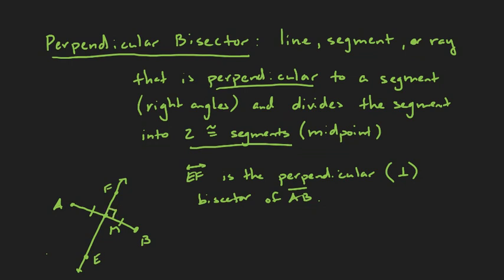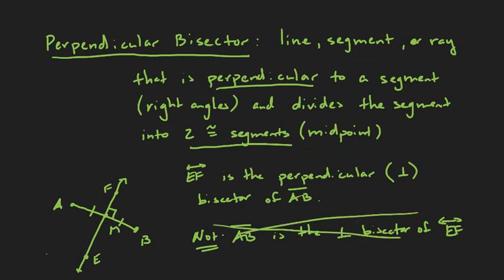Okay, good. Now we know it's perpendicular. The reason I drew the line a little bit longer is because I do not want you to reverse the statement. You cannot reverse this statement. So we cannot say that segment AB is the perpendicular bisector of line EF. You can't say this. Don't think it's reversible.